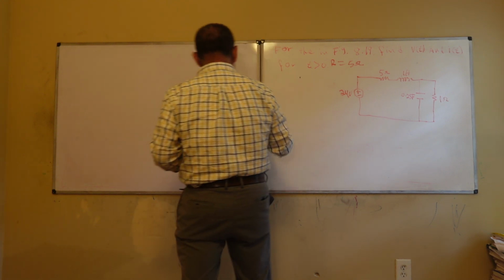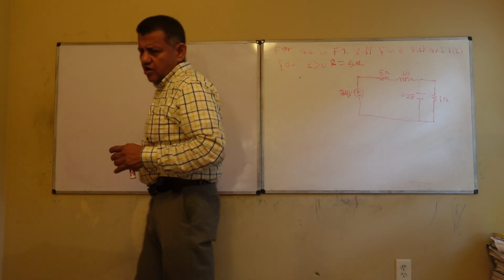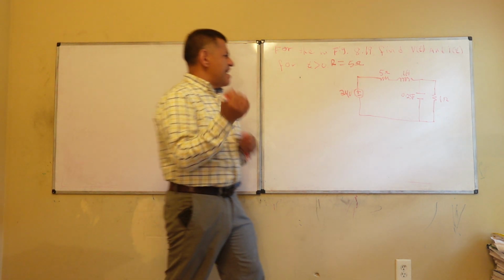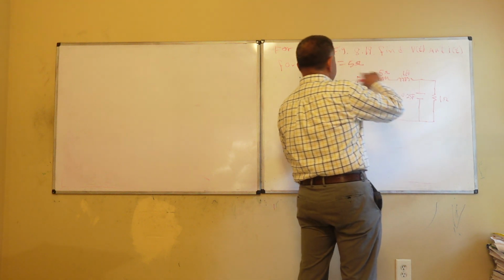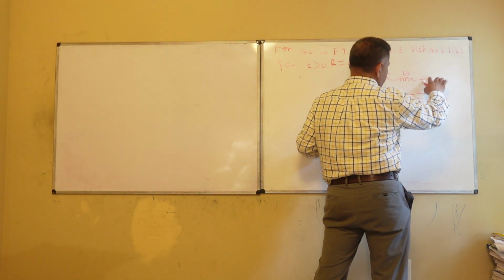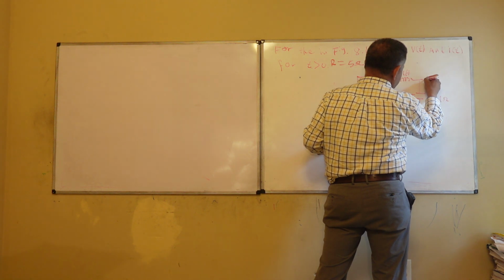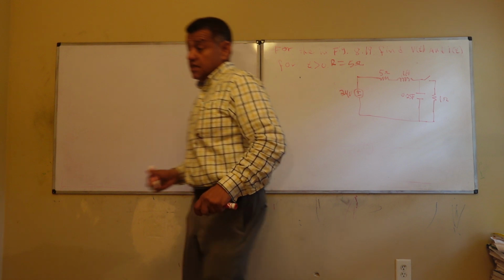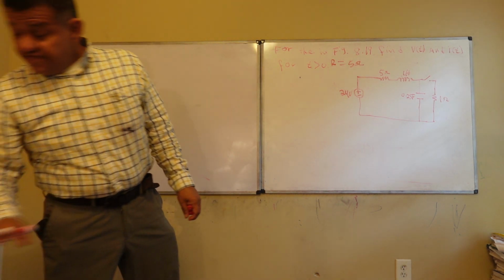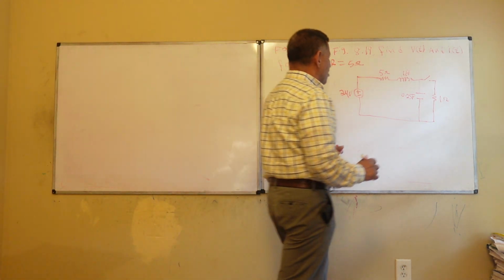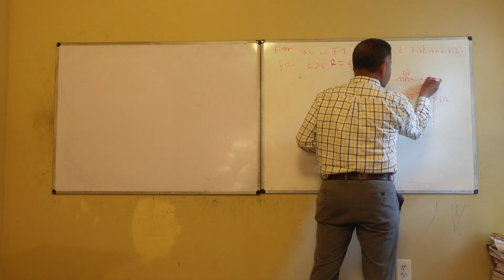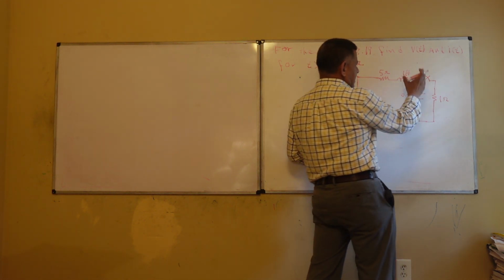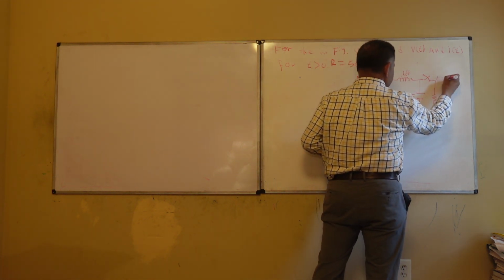Now with that information, we need to start thinking about the circuit. Notice that the problem statement says t is greater than 0. That means we have a switch right here. The switch was closed, but somebody opened it, and when somebody opened it, it broke the connection, and at that point t is equal to 0.